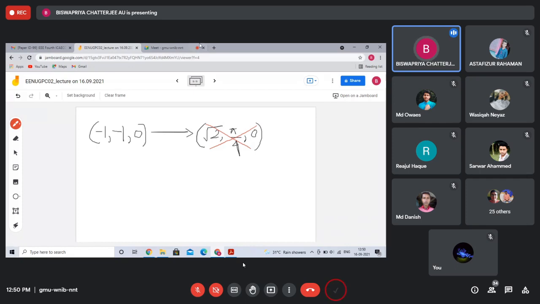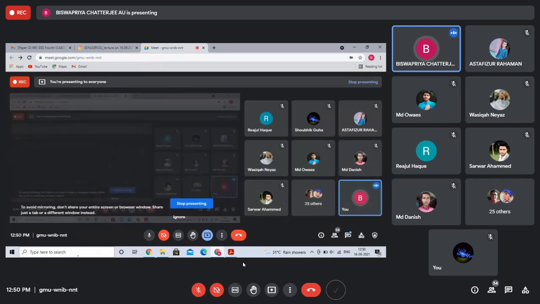Any alternative thoughts? Do you have any idea why this is wrong? What could be the reason? No, sir, no idea.